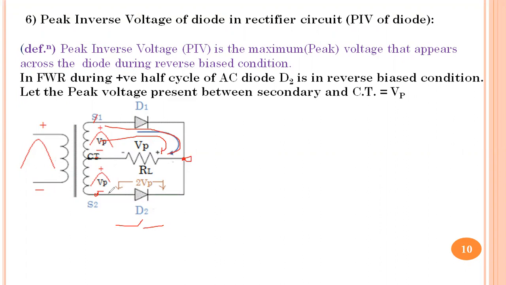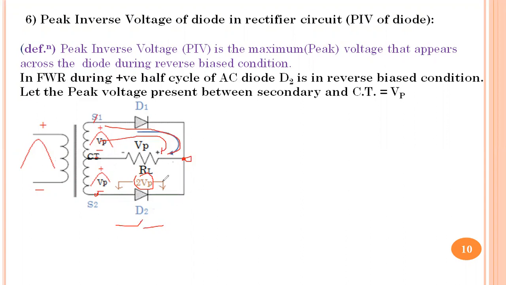Therefore, the resultant voltage that will appear across the diode is V peak present across the load plus maximum voltage V peak present across the lower winding between CT and S2. Therefore, 2 V peak is the resultant voltage that will appear across D2 when it is in reverse bias condition.